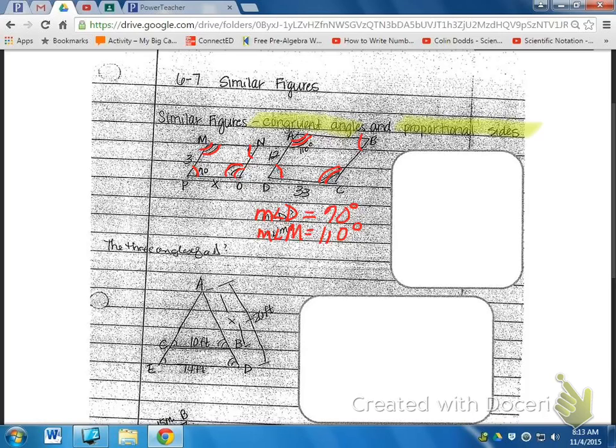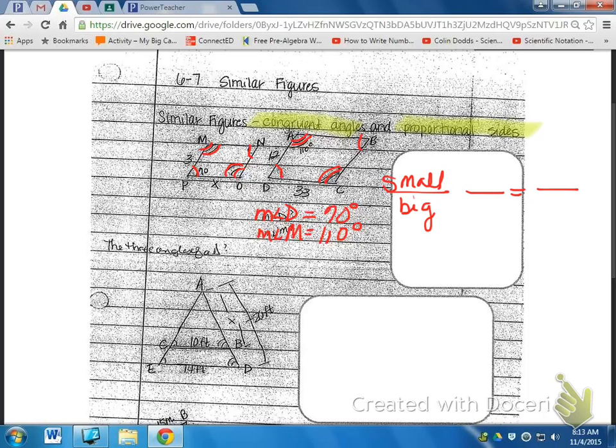I'll be honest, here's what I almost always do. Small to big. I put that out in front, and then I set up where I'm going to write my proportion. So fraction bar, equal sign, fraction bar.